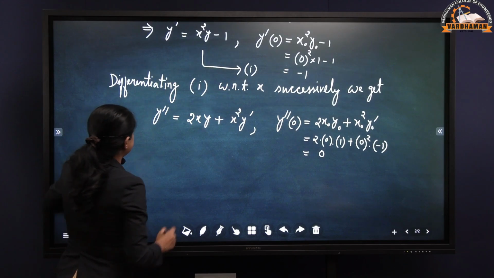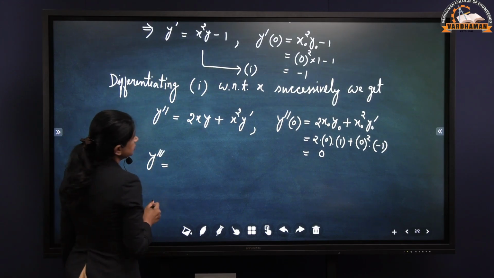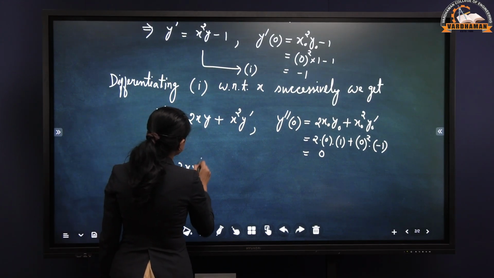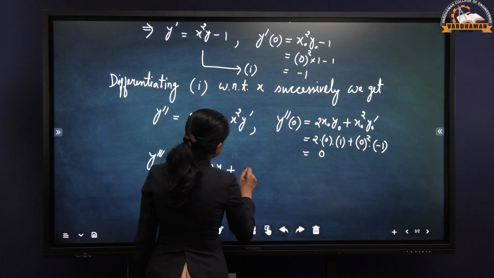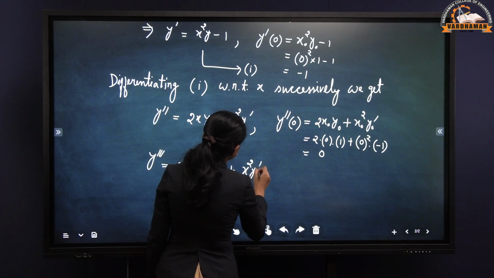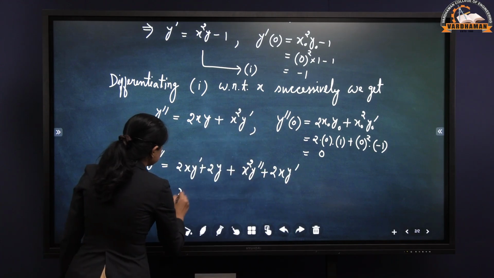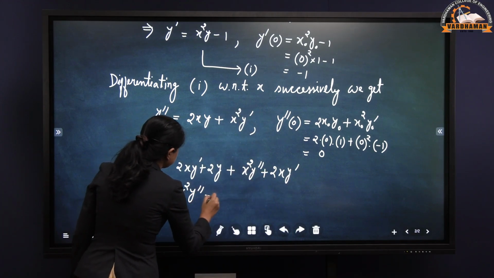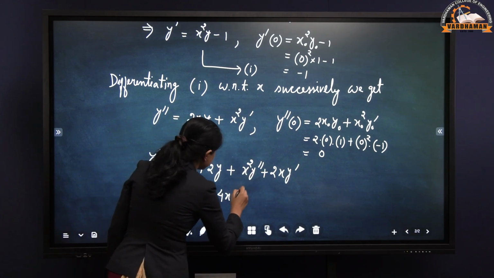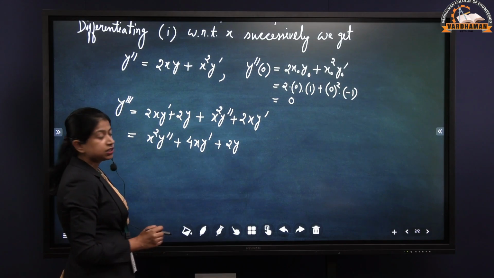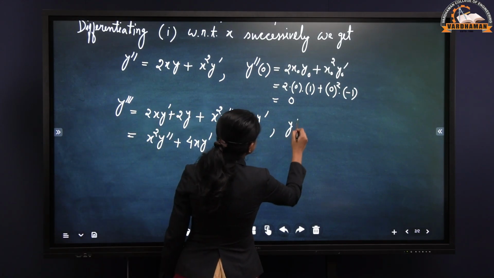Next we will find y''', which is given by 2xy' + 2y + x²y'' + 2xy'. This one is x²y'' + 4xy' + 2y. Now let us find y''' at 0.